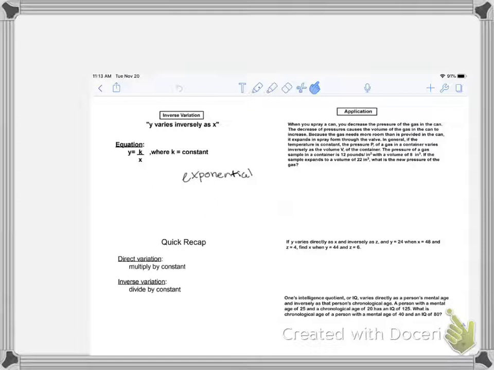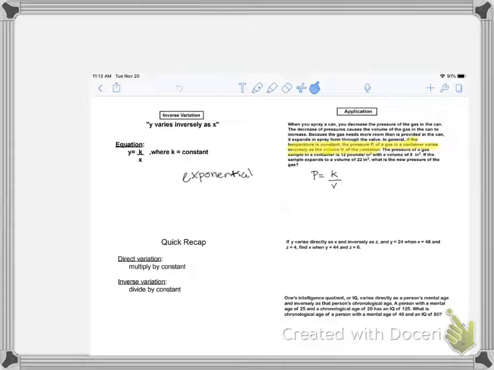In general, if the temperature is constant, the pressure P of the gas in the container varies inversely as the volume V of the container. All right, let's pause right there and highlight that. If the temperature is constant, the pressure P of the gas in the container varies inversely as the volume V of the container. So if I was to write an inverse variation, it would be P equals K divided by V.